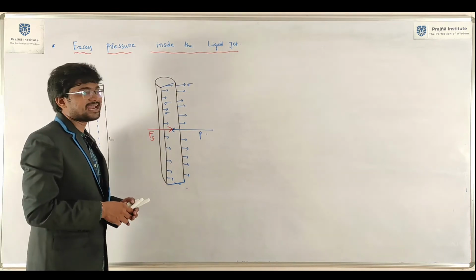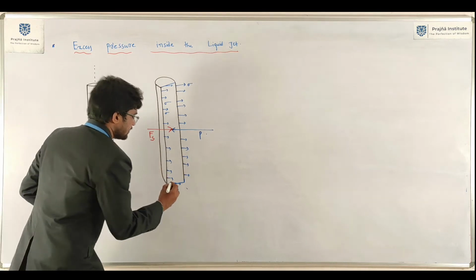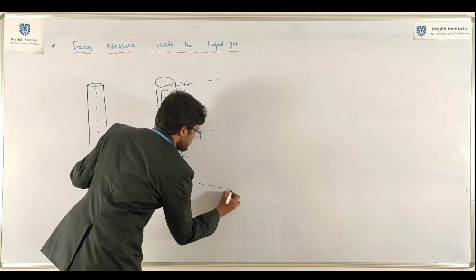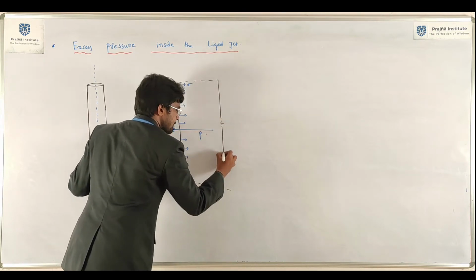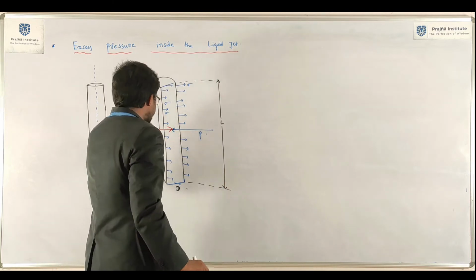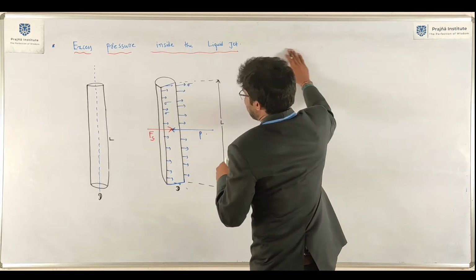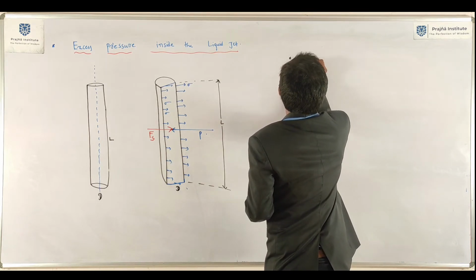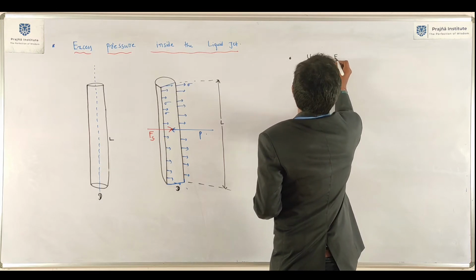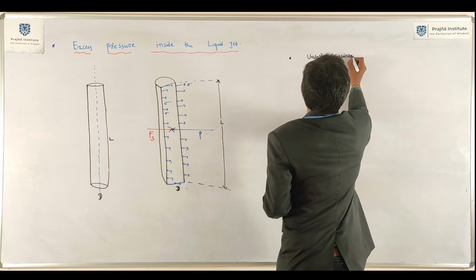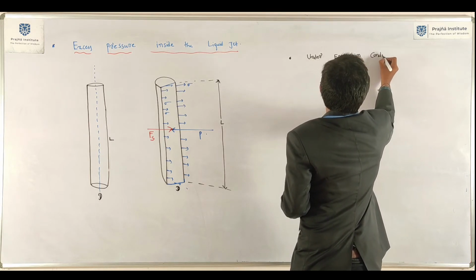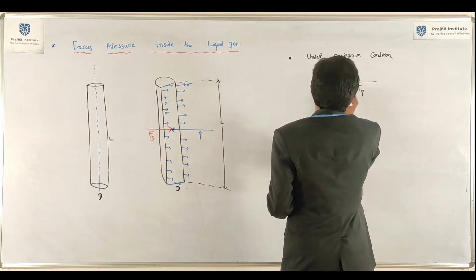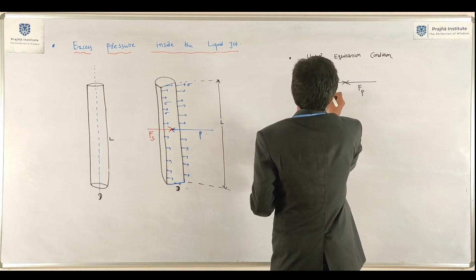Okay, so it is tensile in nature, the surface tension force. Here the diameter is d and the length will be L. What is the free body diagram? The free body diagram for the left part under equilibrium condition will be the pressure force and the surface tension force.